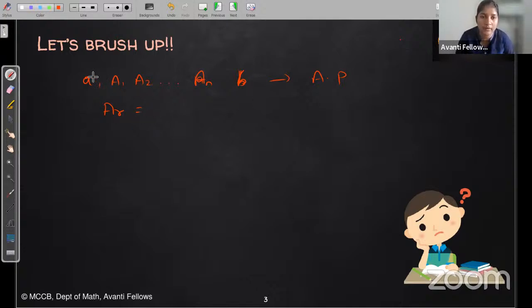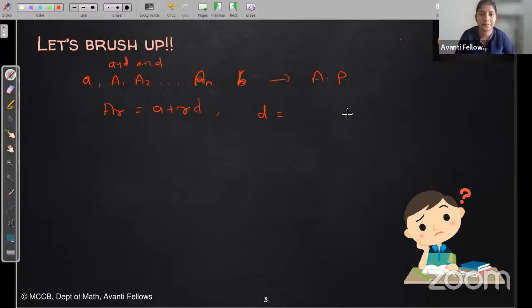The first term is A, the second term will be A plus D, where D is the common difference, then A plus 2D. So AR will be A plus RD, right? Rth term, correct? So what is D here? We found the value of D in terms of A, B, and N. What was the D value that we found?